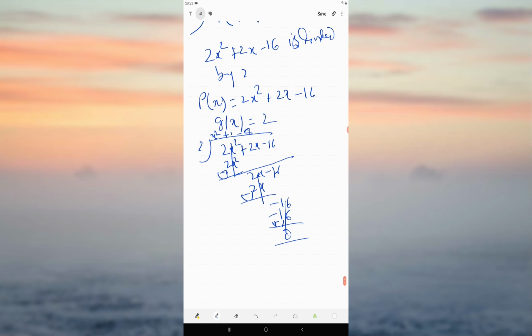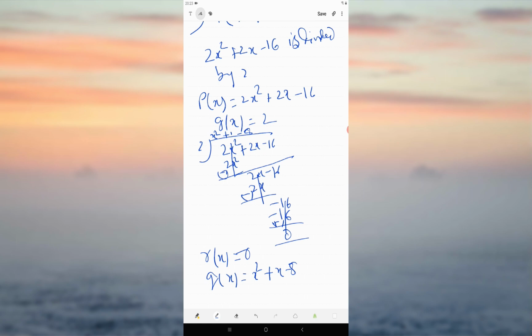So we are getting r(x) equals 0 and q(x) equals x square plus x minus 8.